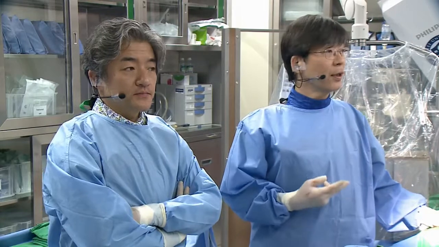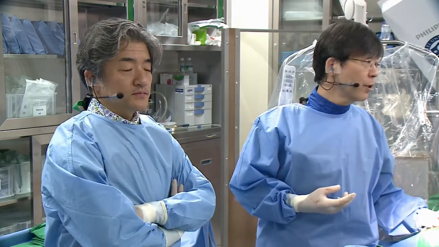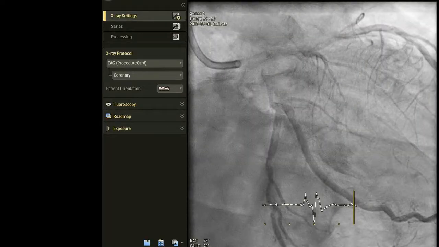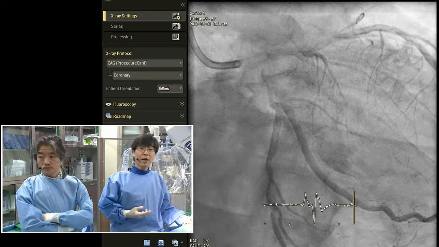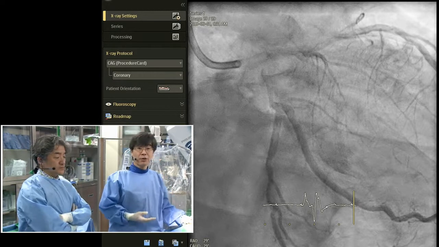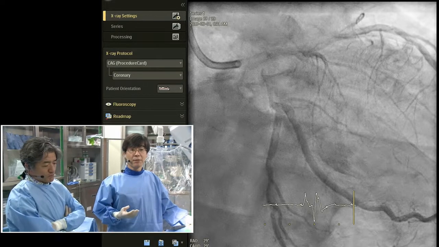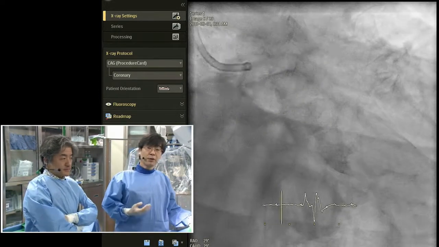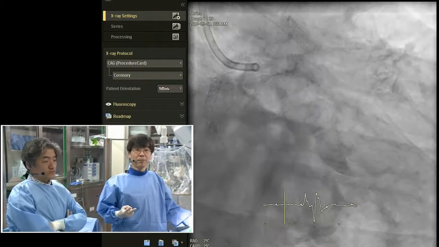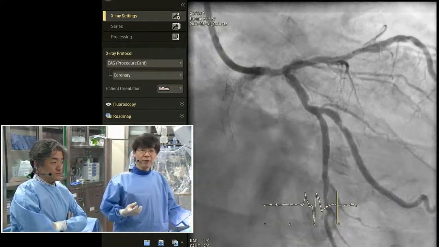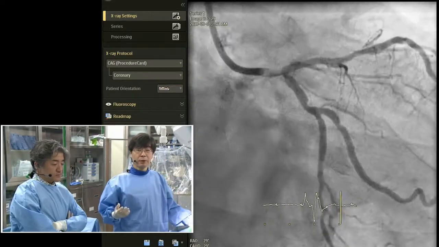On angiographic appearance, when you see that the size of the left main is smaller than the circumflex or LAD, it suggests that there is a very significant disease in the left main. Another strong evidence of ischemia is the treadmill test, only stage 2 positive. It means a very significant lesion with a large burden of myocardium.